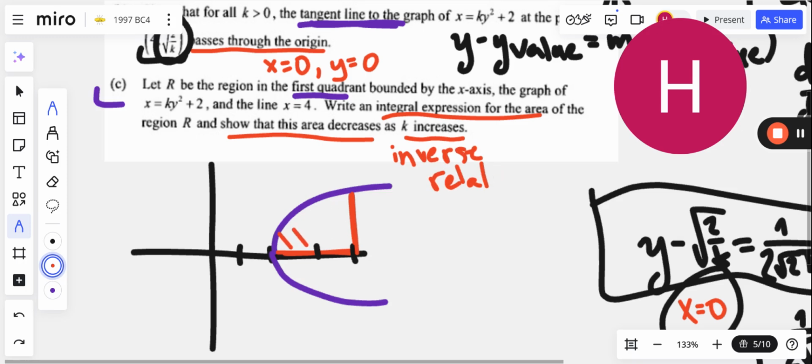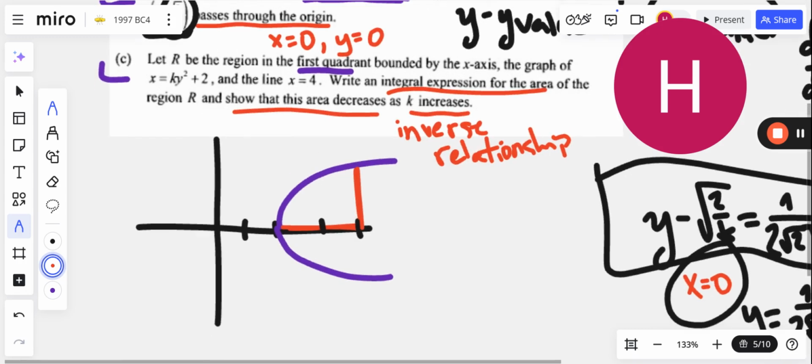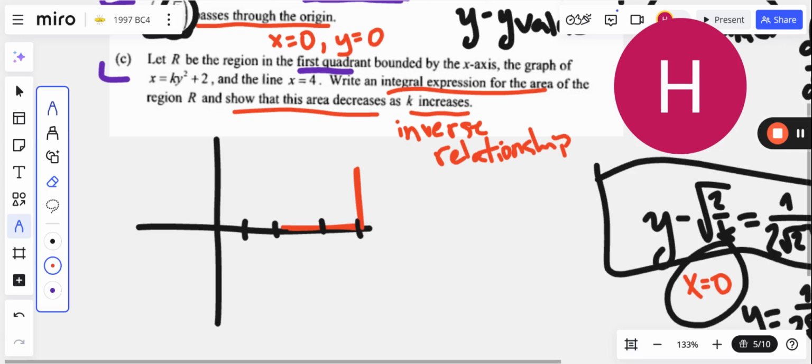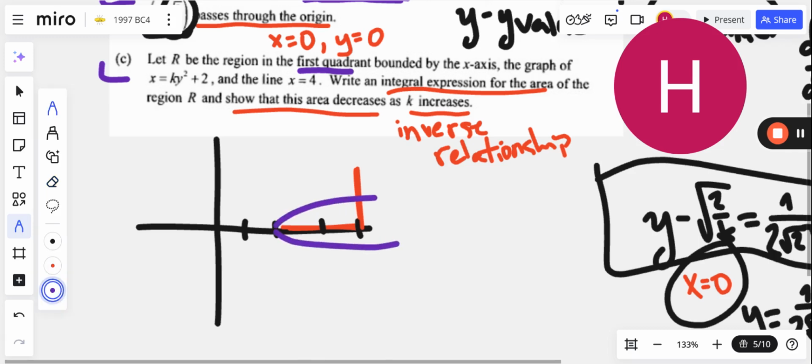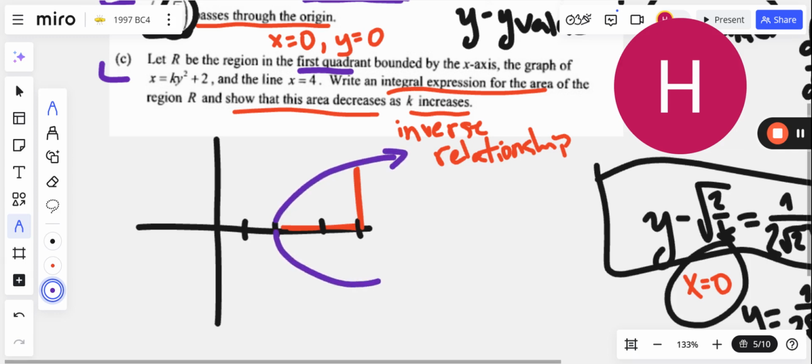If k were a different value, the shape of this graph might be more wide, or it might be more narrow. It could be very narrow, and if that's the case, this has less area. So k controls this stretch factor, which gives the logic behind why the area would decrease as k increases.